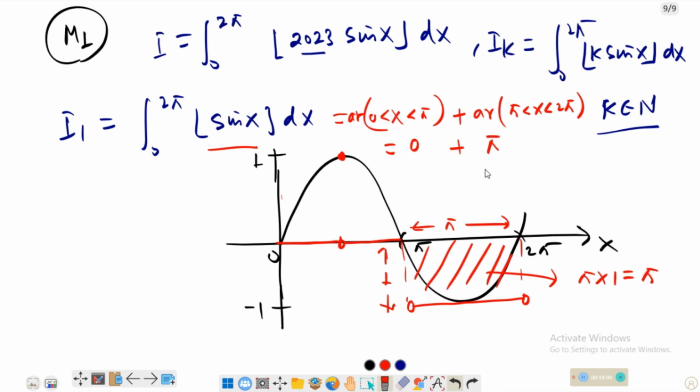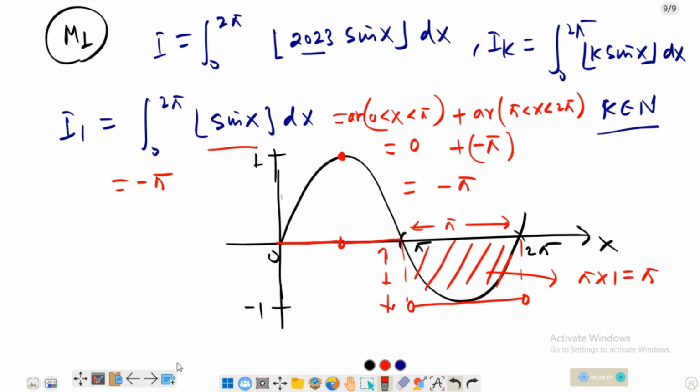Because this is area below the x-axis, this quantity is minus pi, since we sum as algebraic sum. So I1 is equal to minus pi.